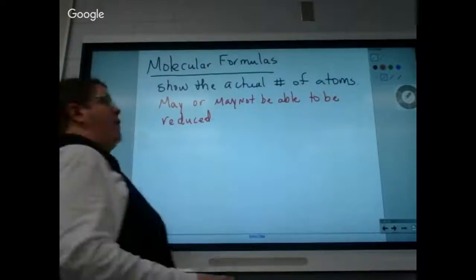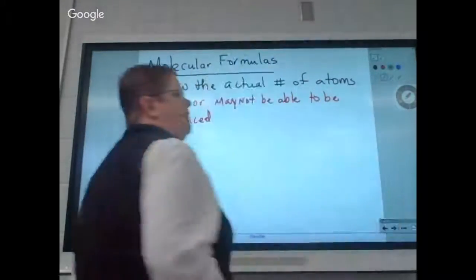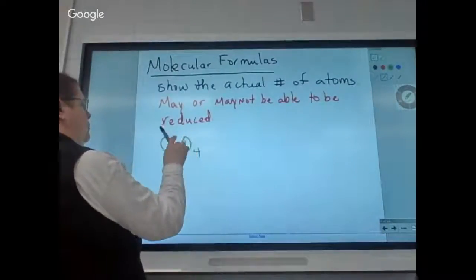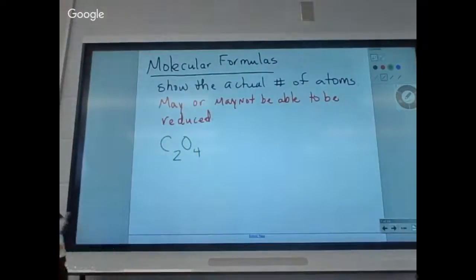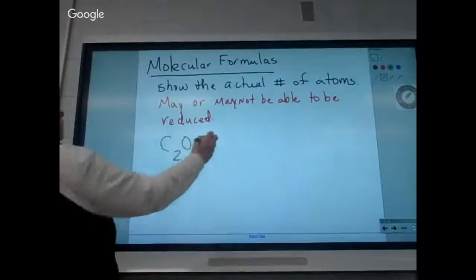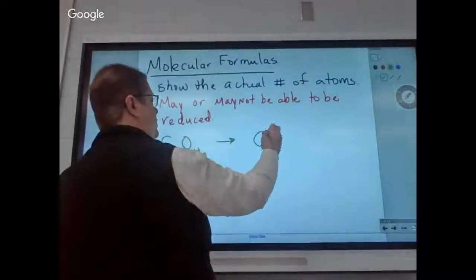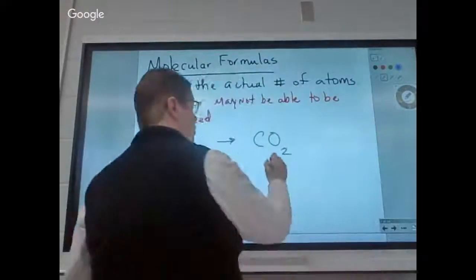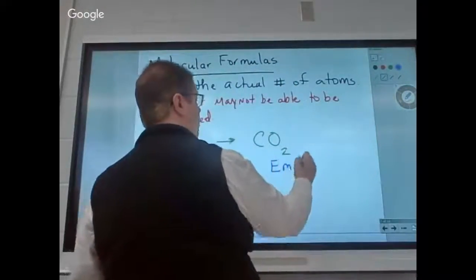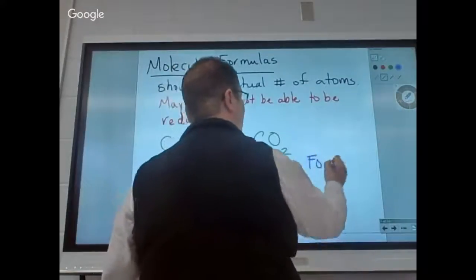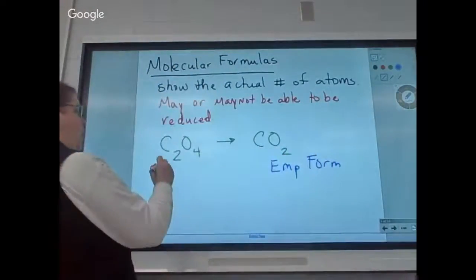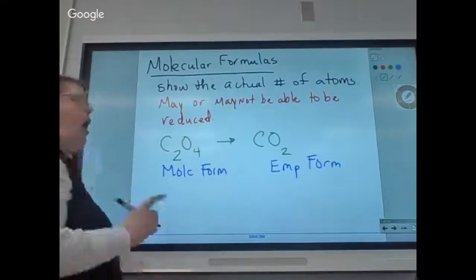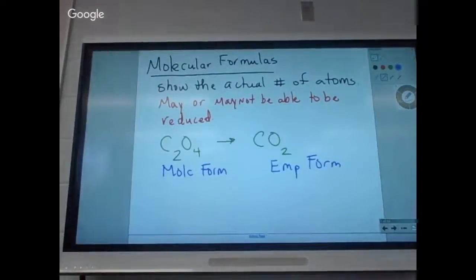So, when we did this on Friday, we talked about formulas such as C2O4. All right, C2O4 can be reduced into CO2. So CO2 was the empirical formula, which made C2O4 the molecular formula. But do all formulas actually reduce?